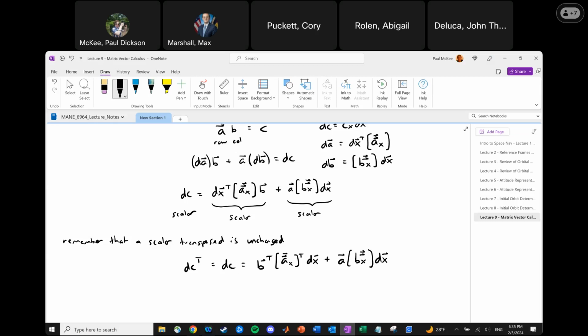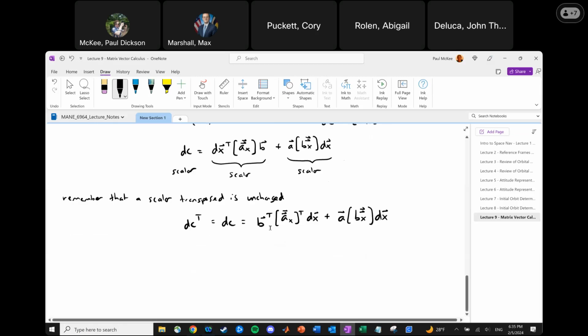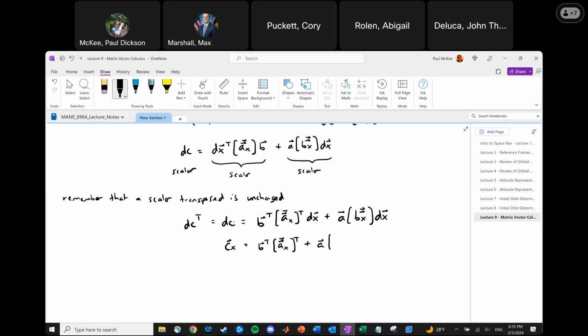So what we can then say is this, dC, we'll think of it this way, C with respect to x, which is a vector, is B transpose A sub x transpose plus A B sub x. Right? So this is a row vector.